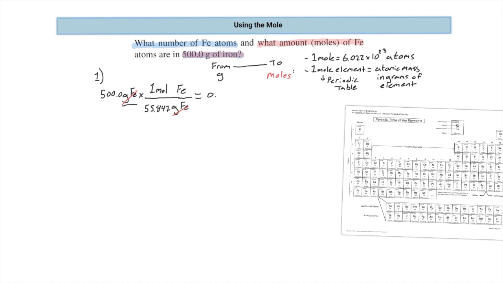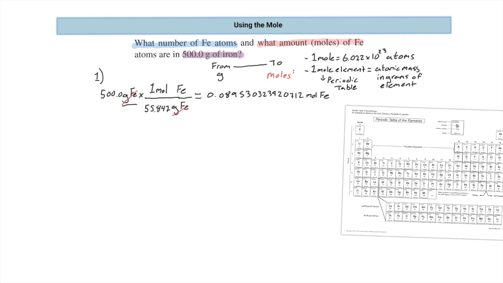We get 0.9530712. Very long number for my calculator. But since we're doing this in 2 steps, we want to write out all our digits for the most accurate answer possible. And that will be moles of iron.